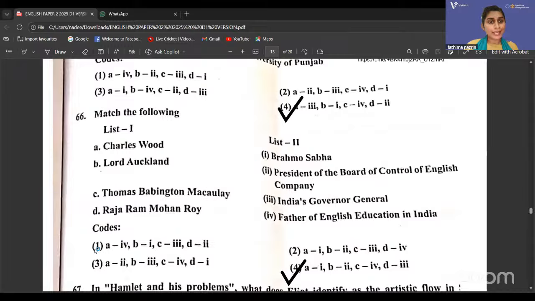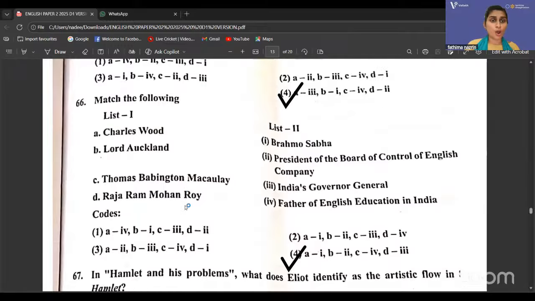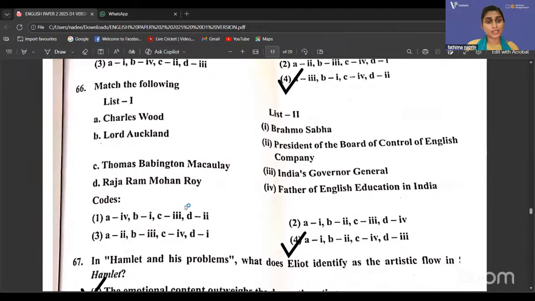Okay, and then A, Charles Wood, is associated with President of the Board of Control of English Company. Okay, and Lord Auckland was the India's Governor General, and C4, that is Thomas Babington Macaulay, father of English education in India, and Raja Ram Mohan Roy was associated with Brahma Sabha. Okay, so the option number 3 is the correct answer.